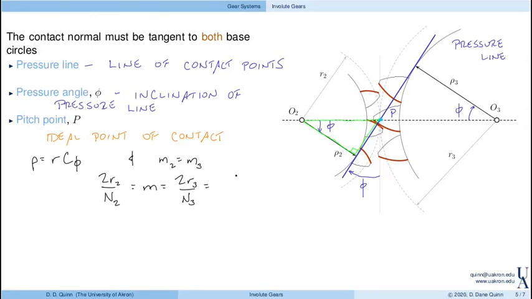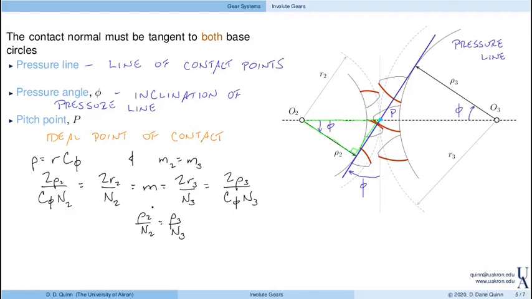Or in terms of the base circle radii, we end up with 2 times rho 3 over cosine phi times N3, because R here is rho over cosine. And for gear 2, we have 2 rho 2 divided by cosine of phi times N2. Looking at the left and the right, we see that rho 2 divided by N2 must equal rho 3 divided by N3 if the gears are in mesh. This is nice because these are quantities that we can measure.